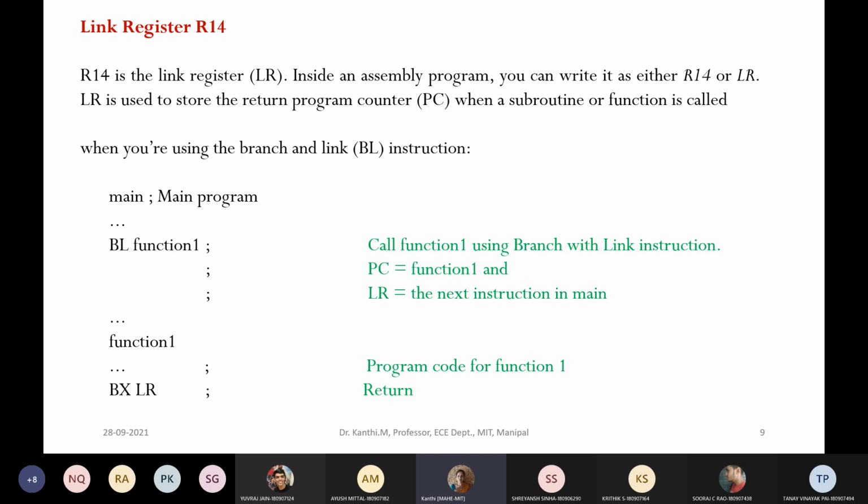The return address will be saved. You use this branch with link, and when you return, you have a branch exchange with the link register, so that you can copy the return address onto the program counter wherever it is supposed to continue.